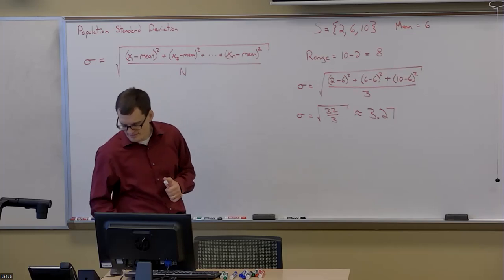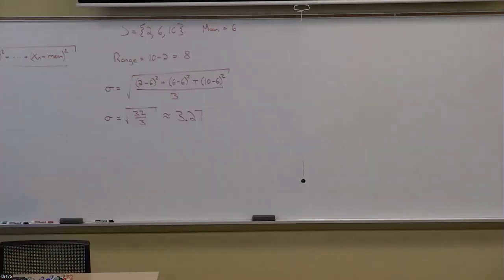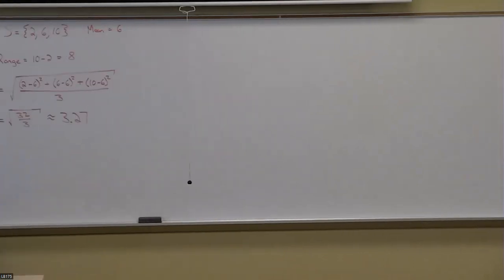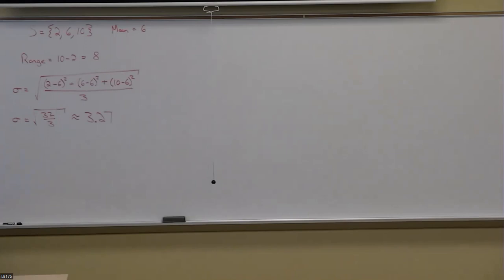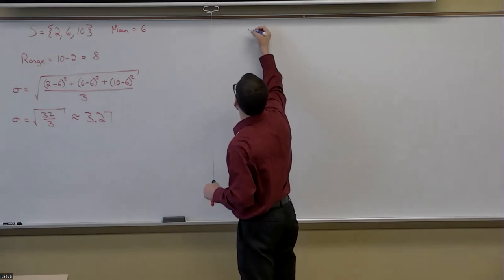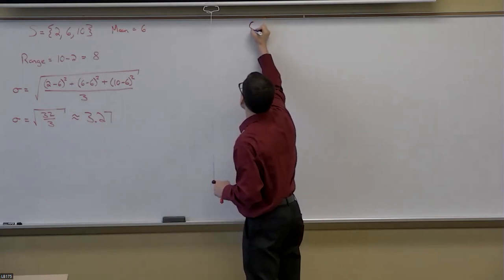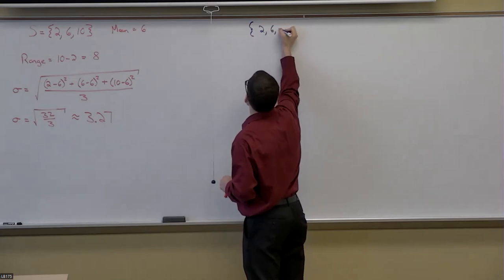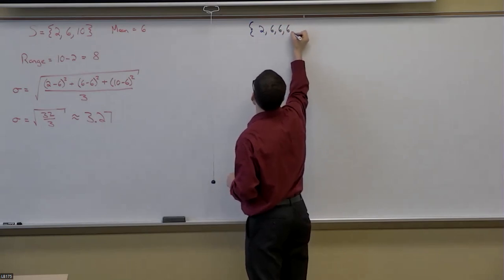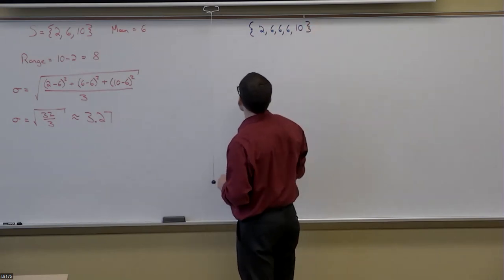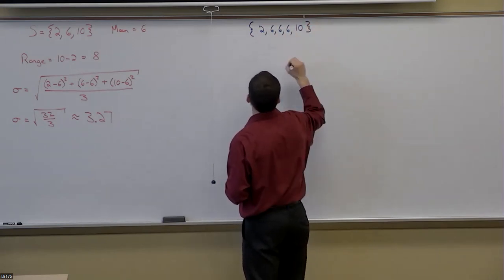Now the next example asks, what if we have a different set? All we did was put in extra 6s: 2, 6, 6, 6, 6, 6, 6, 10.